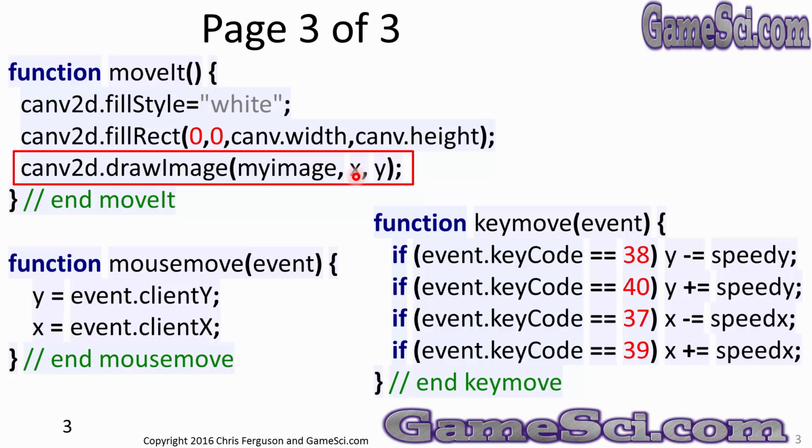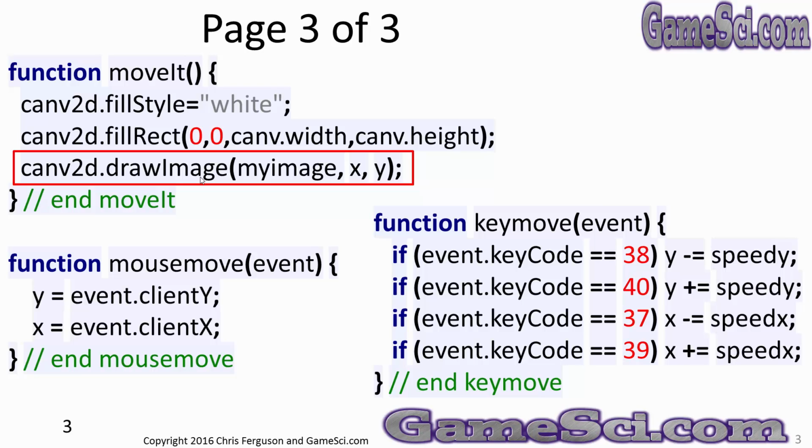And as X and Y changes, we'll get the illusion of movement by redrawing the image over and over again. The underlying concept of the animation with this technique is to wipe out the entire screen, redraw the image in a new place. Wipe out the entire screen, redraw the image in a new place. As X and Y change, our character will move upon the screen.